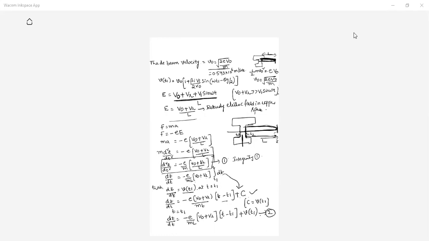What is c? At time t is equal to T1, what is dz by dt? If you substitute t is equal to T1, this term becomes 0. So c is equal to dz by dt at that time, which is nothing but velocity. What is the velocity at time t is equal to T1? We are getting V of t1. That's what I'm substituting here.